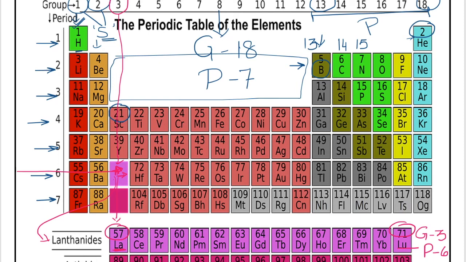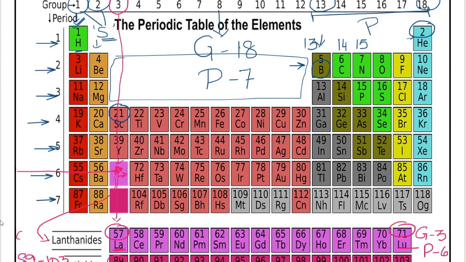Similarly, if you look at the next one, that is actinium. Actinium was 89, and the last one, lawrencium, was 103. And exactly the same thing, just to avoid that undue lengthiness of the periodic table, we chose to write them at the end, that is, atomic number 89 to 103.